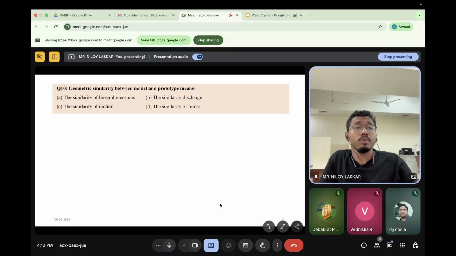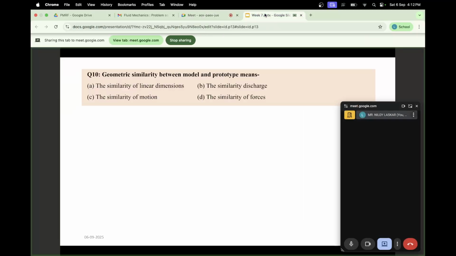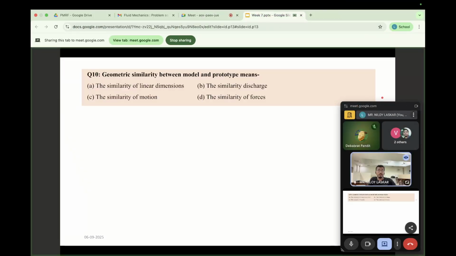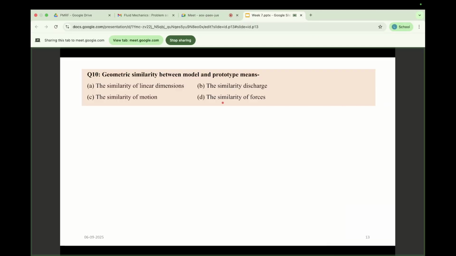Basically, see what are the basic differences among these things. Geometric similarity: if someone says that geometric similarity is there, that means every dimension of the model is scaled from the prototype by the same constant.